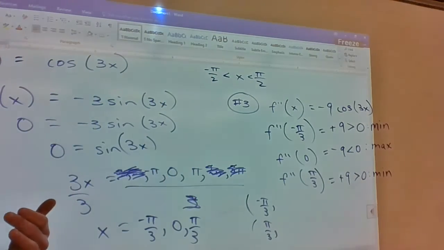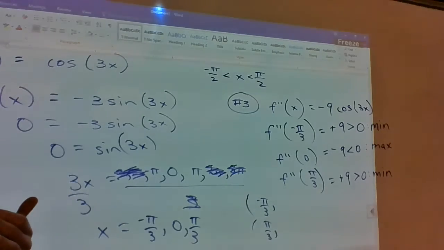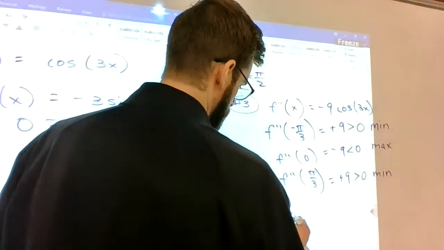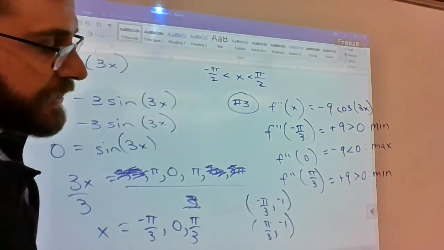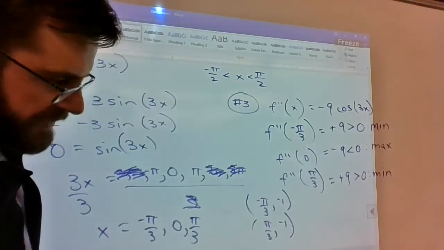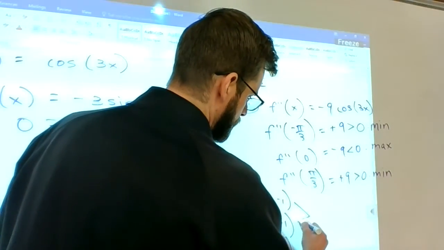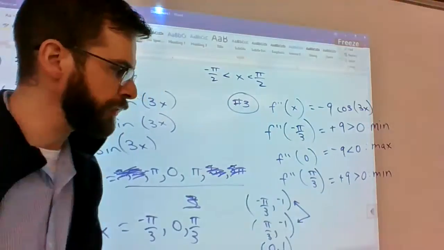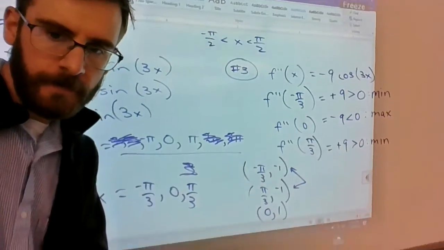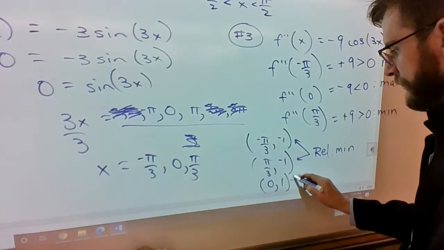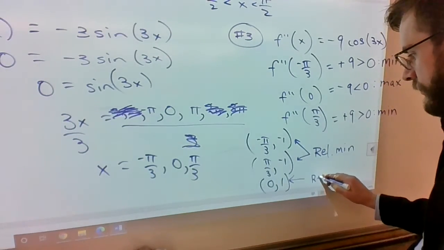They should both be negative 1. And then 0 gives us positive 1. So these are your two relative min values. This is our point of relative max.